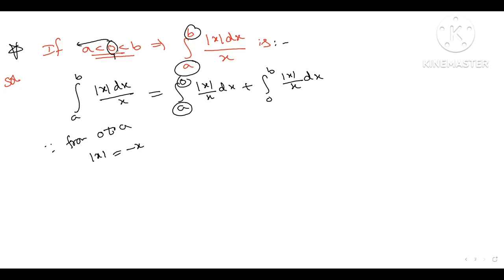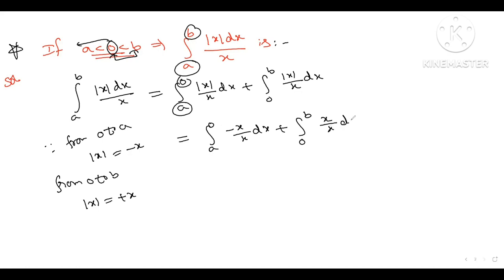From 0 to b, modulus of x we should take as plus x. Okay, so from a to 0 we write minus x by x dx. From 0 to b, x is more than 0, so modulus of x is plus x, by x dx.